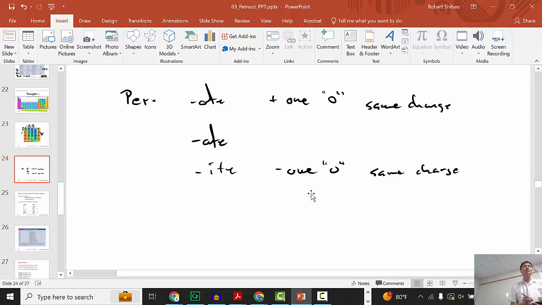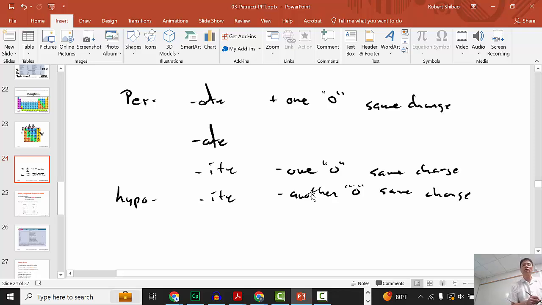So if you know that nitrate is NO3 minus, then nitrite must be NO2 minus, one less oxygen. On the opposite end of the spectrum, hyper is at the top, hypo is at the bottom. So we're going to have the hypo-ites, minus another oxygen, same charge.